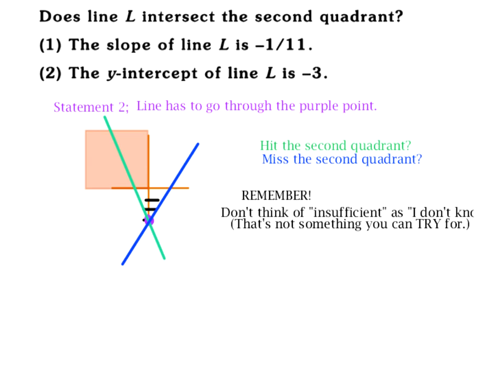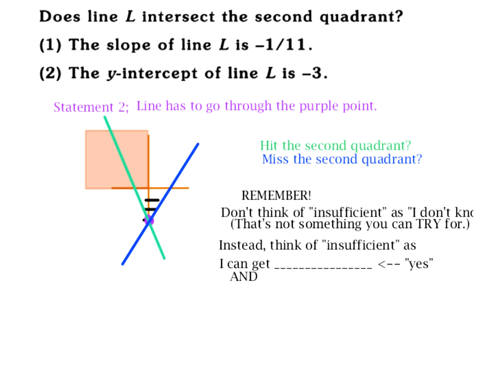Instead, think of insufficient as I can get whatever the yes is, and I can turn around and also get whatever the no is.